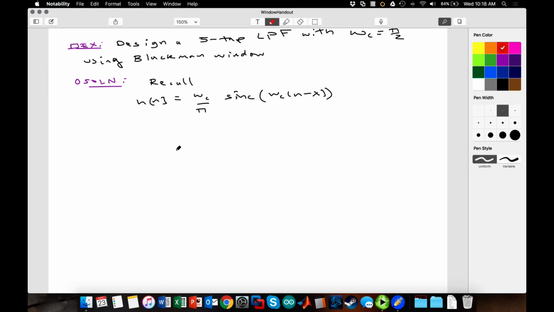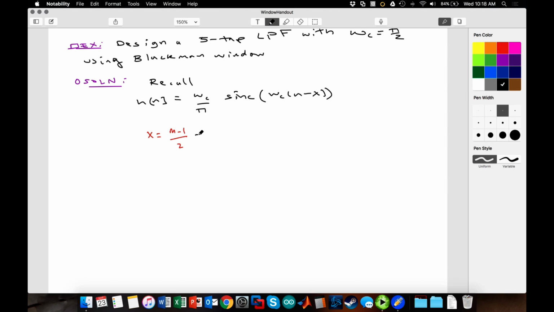Now, of course, we recall the obvious, which is that an FIR filter is designed as h of n, which is equal to omega c over pi times the sinc of omega c times n minus x, where x is equal to M minus 1 over 2.